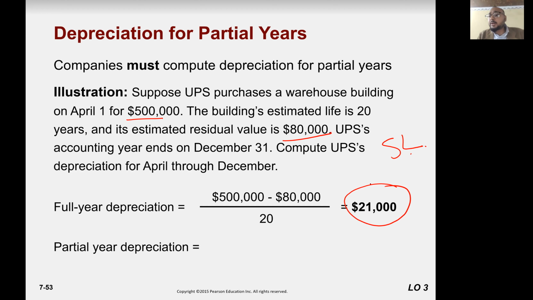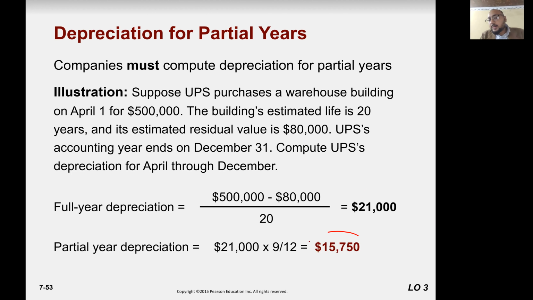This 21,000 is per year, and we need to find out depreciation from April to December, which is 9 months. So 21,000 divided by 12 gives the monthly amount, multiplied by 9. Here we go. We record depreciation of 15,750.